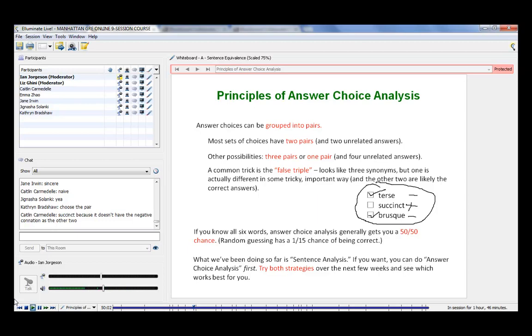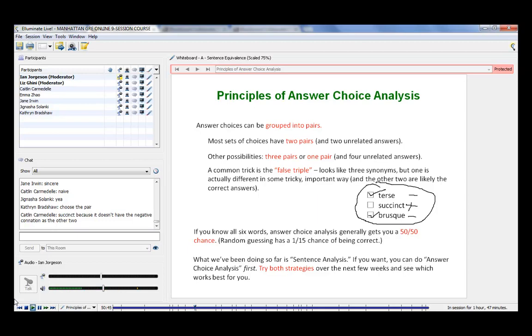And the reason why it's worth, if you can get good at it, the reason why it's worth looking at answer choice analysis is because, number 1, it's usually faster. And number 2, practicing that and getting good at it, even if you end up working a problem using the sentence analysis approach, being good at answer choice analysis means that when you're down to 3 and you're not sure of how to go, just like we saw with that example where we had grandstanding and rhetoric and idealism, having a good idea about answer choice analysis lets us take the next step and figure out which 2 it actually is.